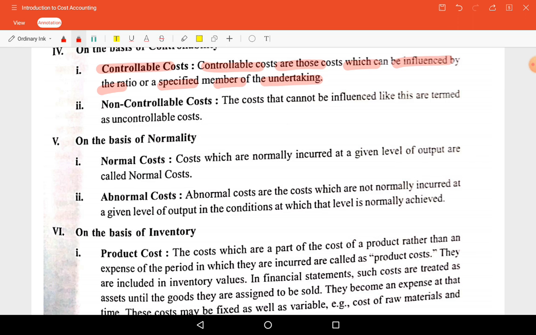So there are two things, one is controllable, another one uncontrollable.